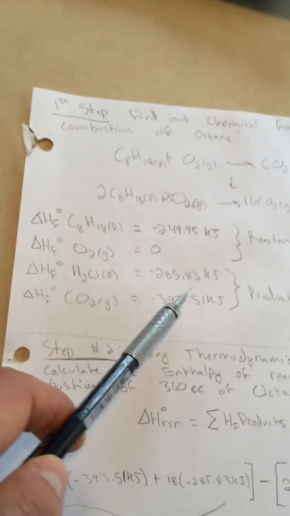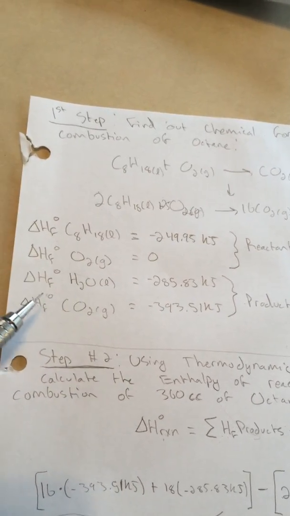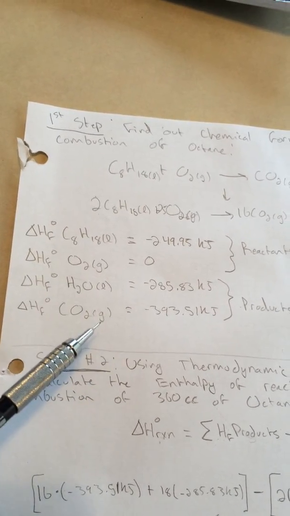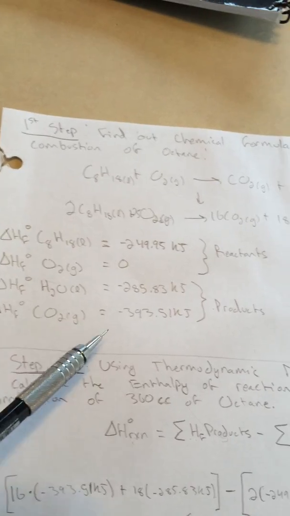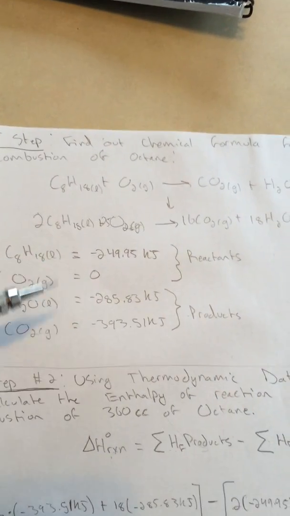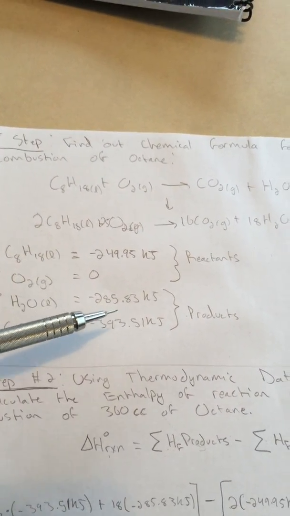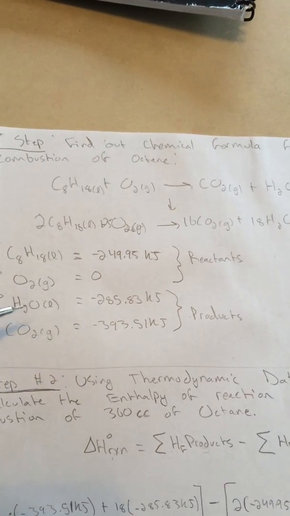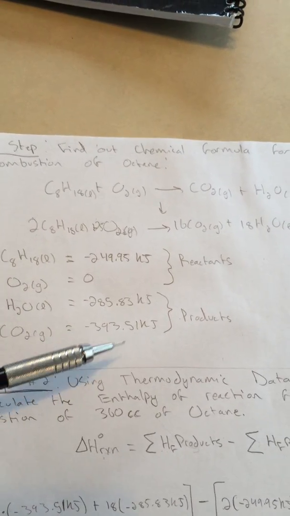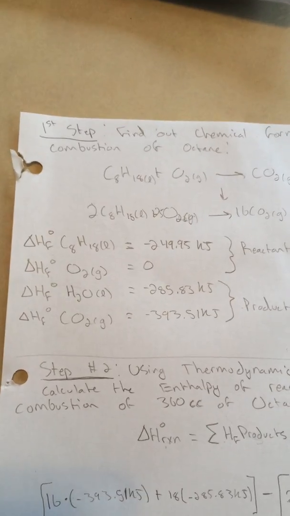Then we have the enthalpies of formation for H2O and CO2: negative 285.83 kilojoules for H2O and negative 393.51 kilojoules for CO2.